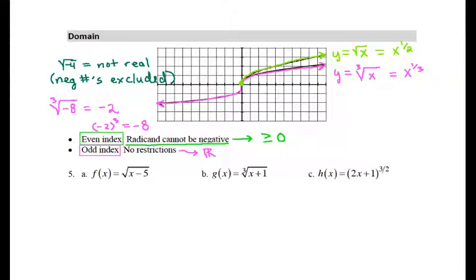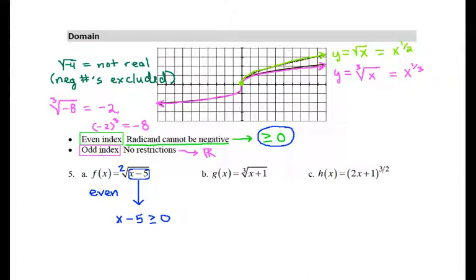This is a square root, so this is an even index. Even though the index isn't written, it is an implied 2, and therefore I'm going to apply the rule for a radical function with an even index, meaning that I need to take the radicand out. So I'm going to take just the x minus 5, not the square root, and set it greater than or equal to 0.